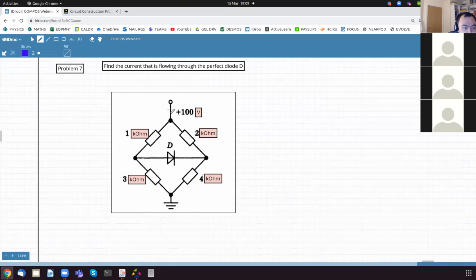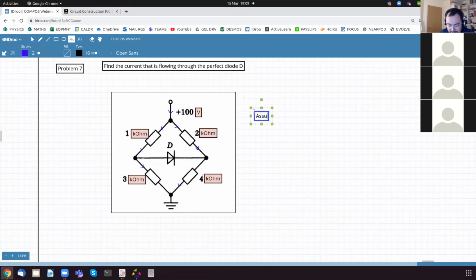So current will flow this way, and this way, and this way, and we don't know the current that is flowing through the diode, if it is flowing at all. So let's assume that the diode is locked.